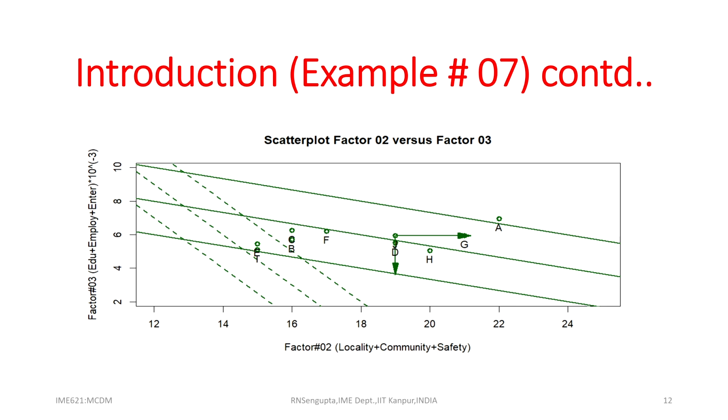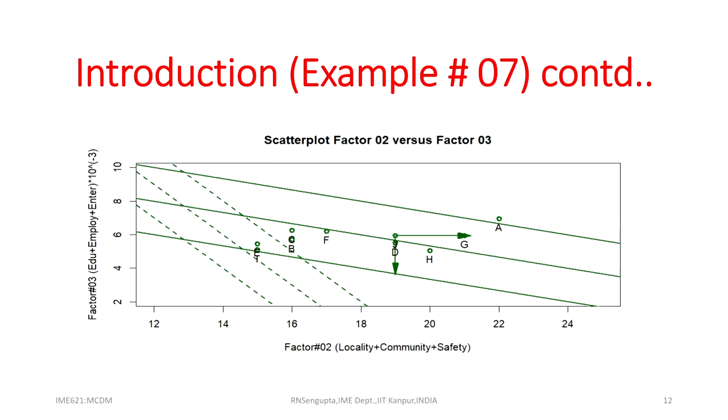But if I consider factor 3, which is cost, F is lower with respect to A. So, both are pulling against each other, A and F. These concepts of the bold and dotted lines of the indifference curves would also come into the picture. We will consider that again in more detail.